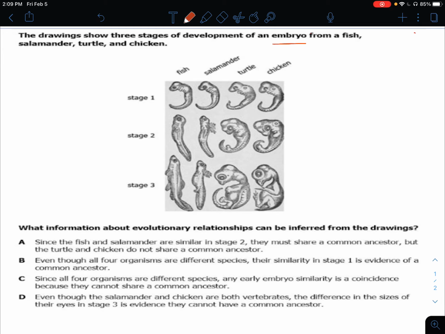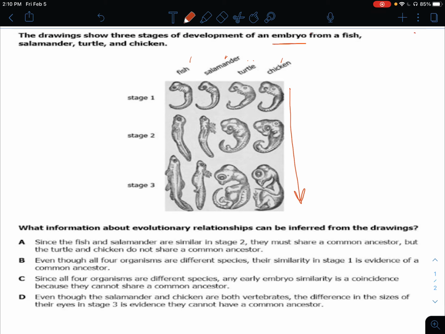So, of course, think about yourself, before you pop out of your mama's stomach, you're in there for 9-ish months, right? You don't automatically start out as a full grown baby. You start out as something small. And then as time goes on, you develop and grow and grow and grow. Okay? So, we've got that happening for a fish, salamander, turtle, and a chicken.